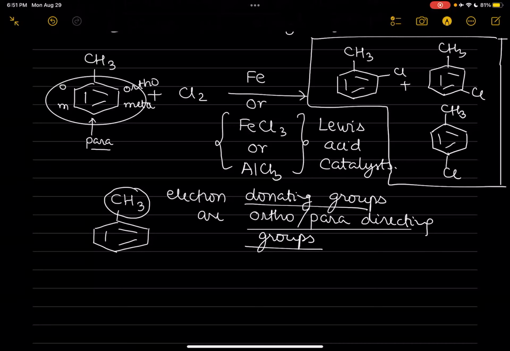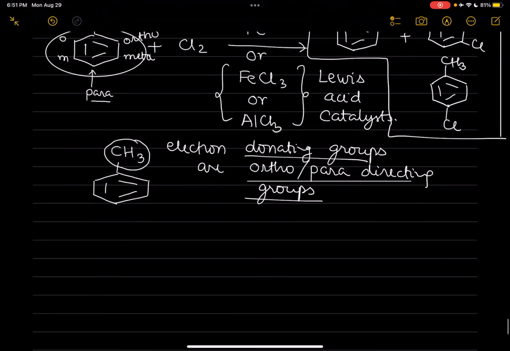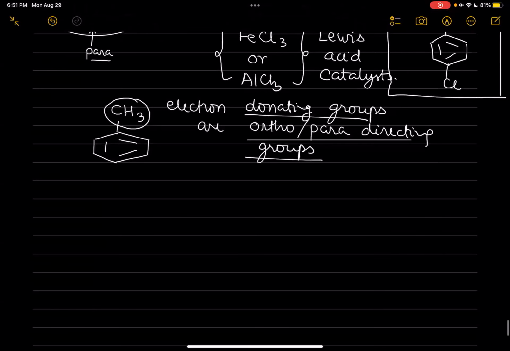Electron donating groups are ortho-para directing groups. Just remember this. If you need to get into the reason, it can be a bit long and complicated. This is the easier way to remember, and you can get your answer very quickly.